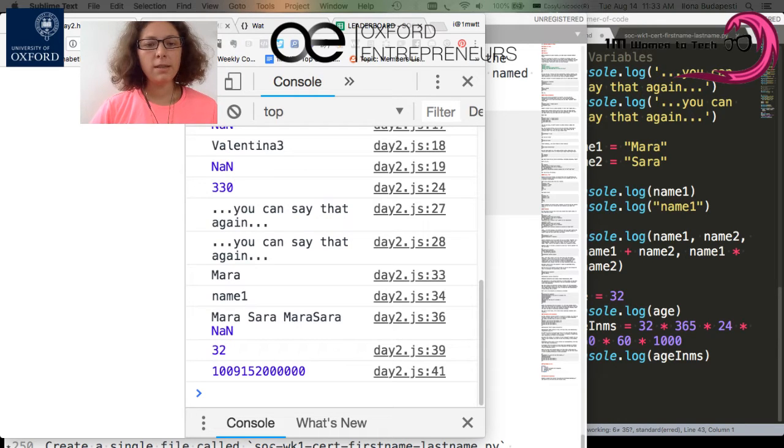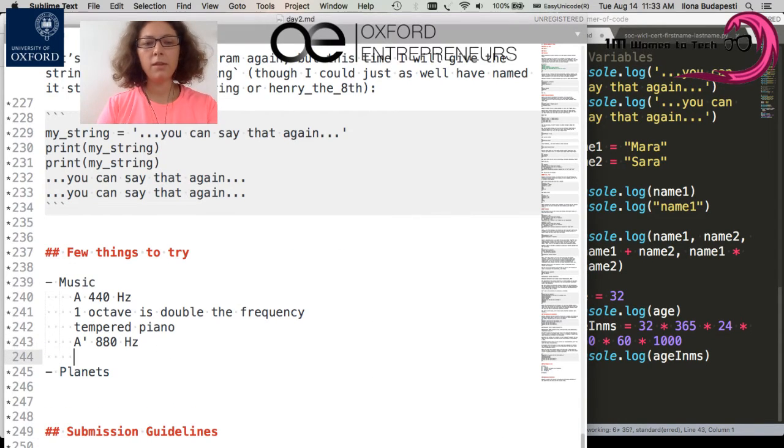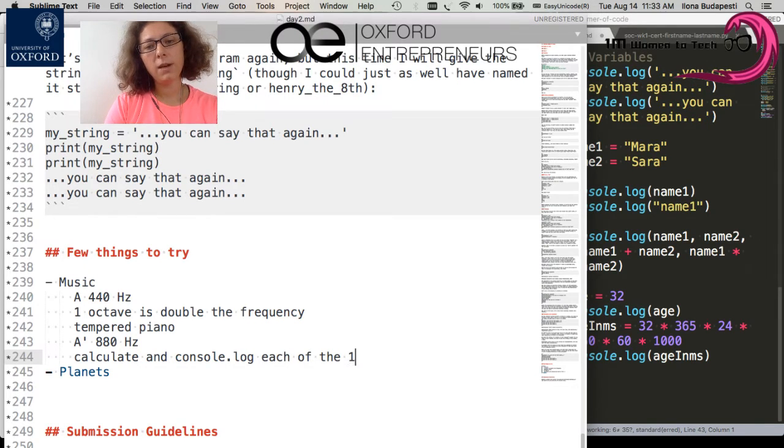What I wanted to ask you, if you're up for the challenge, is to calculate and console log each of the 12 notes between A and A dash. This requires some mathematics because this is not a linear scale.